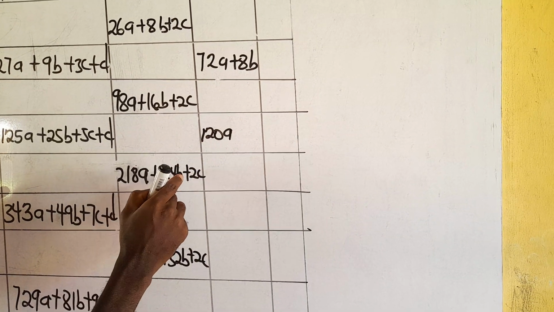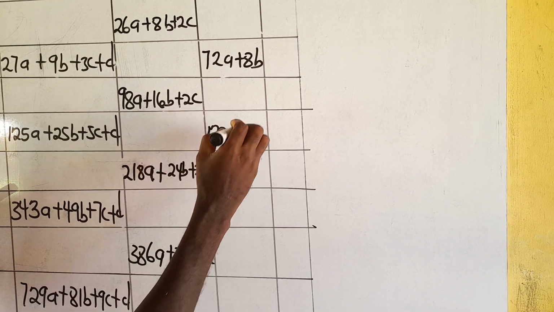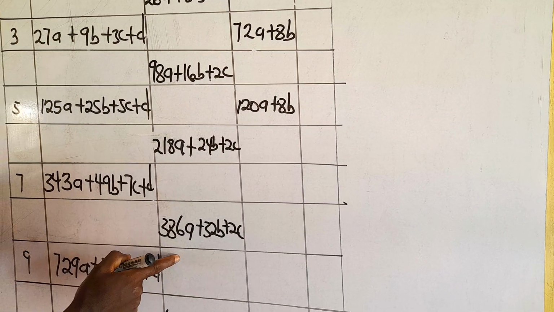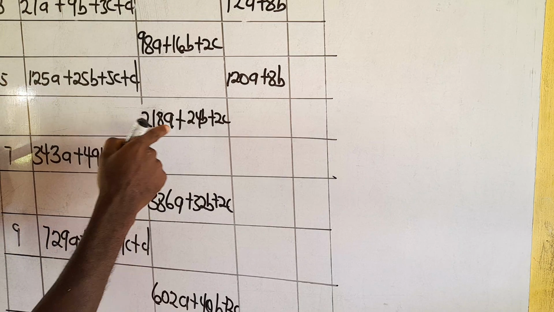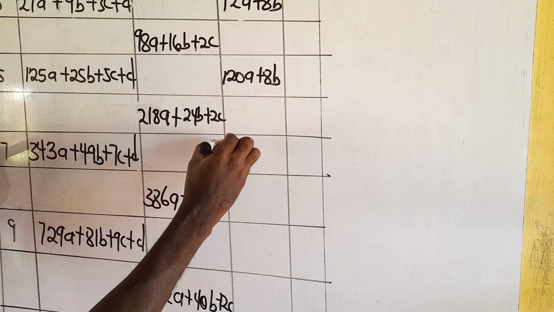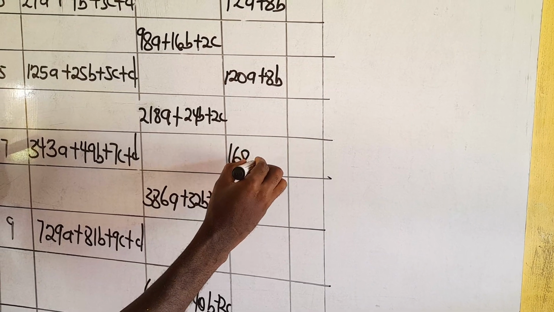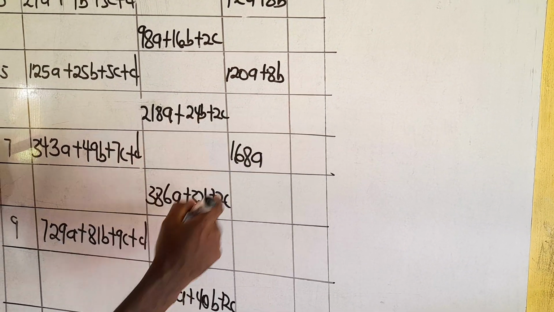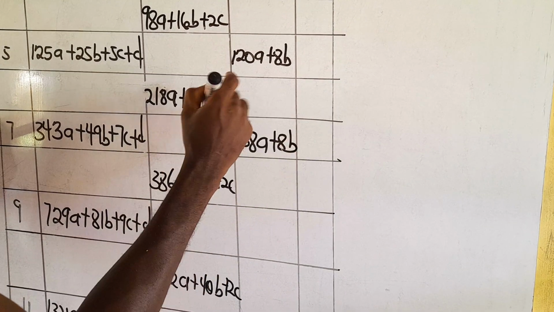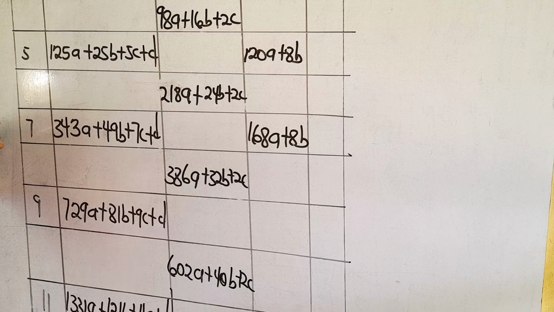Then 24b minus 16b will be 8b again. This from this as well. On subtracting 218 from 386, we'll get 168a. Then this from this, that's 32b minus 24b will give us 8b. 2c minus 2c again will be 0.